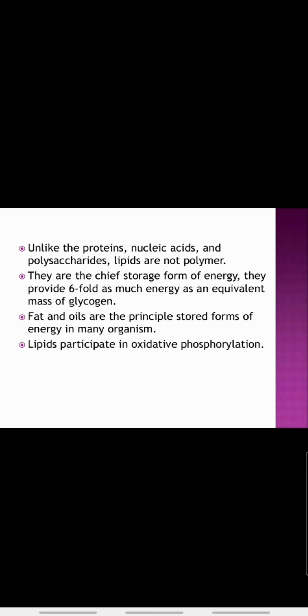So when we say oxidative phosphorylation, it is actually the process in which ATP, which is adenosine triphosphate, is formed as a result of the transfer of electrons from NADH.